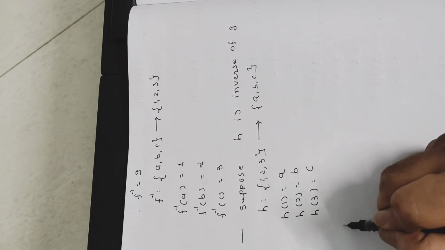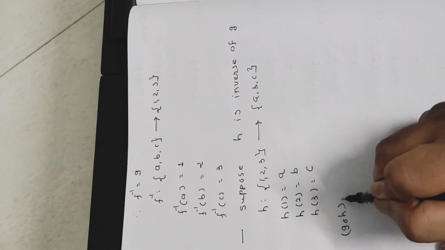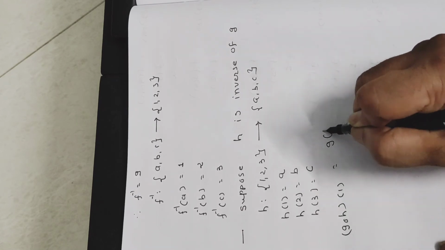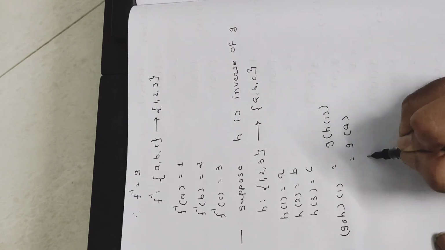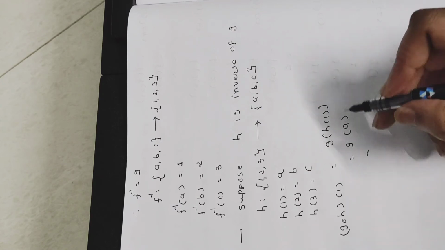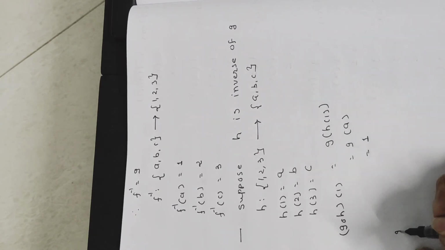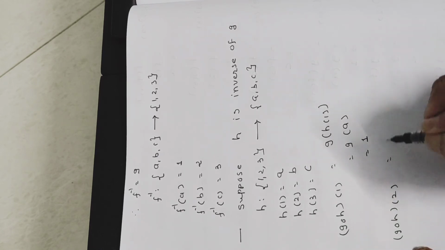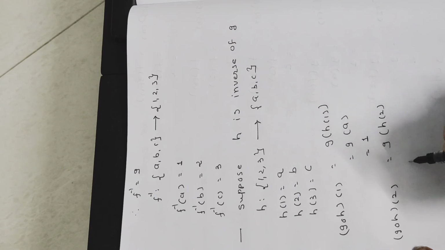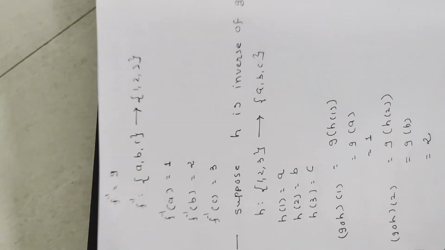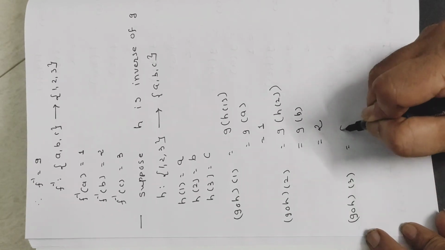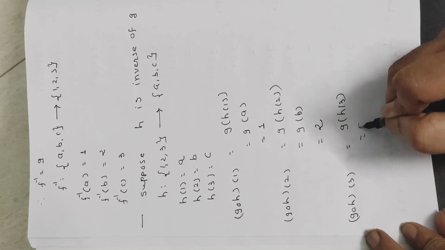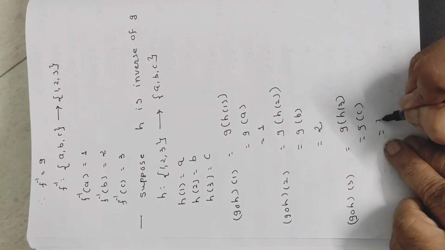Now g∘h(1), so g of h(1), h(1) is A, and g(A) is 1. g∘h(2) is g of h(2), so g(B), and g(B) is 2. g∘h(3) is g of h(3) equal to g(C), and g(C) is 3.